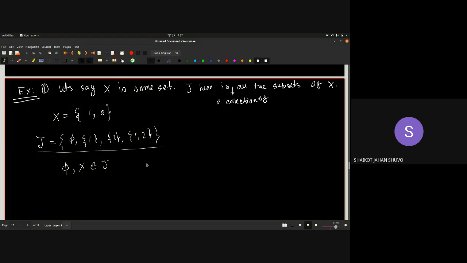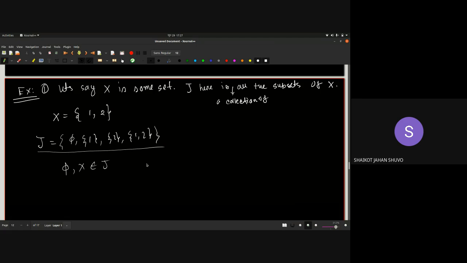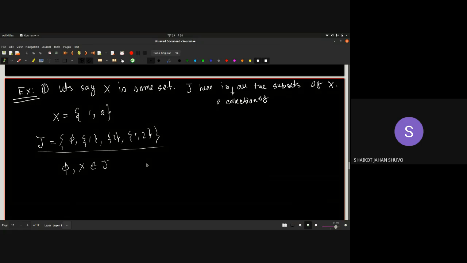If you have a bigger set X and all the subsets are inside tau, then that gives a topology over X, so X is a topological space. This type of topology is called a discrete topology.